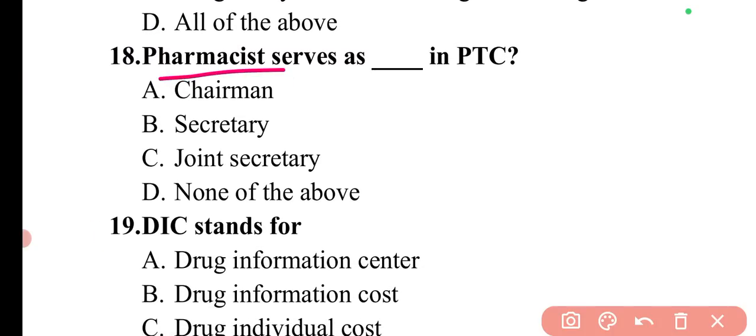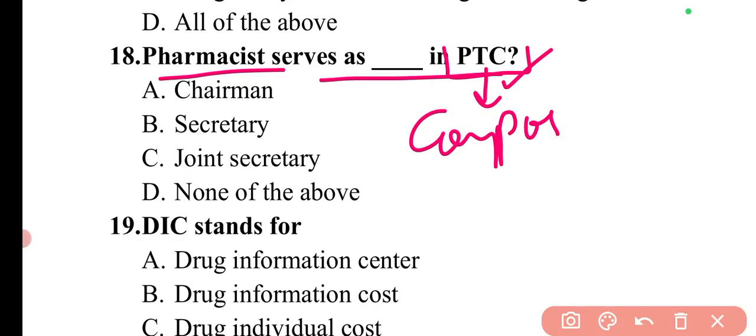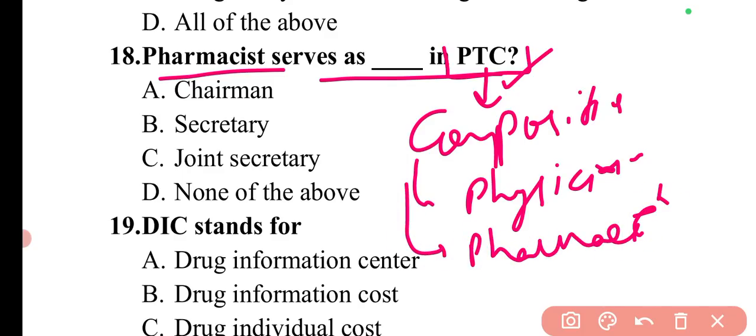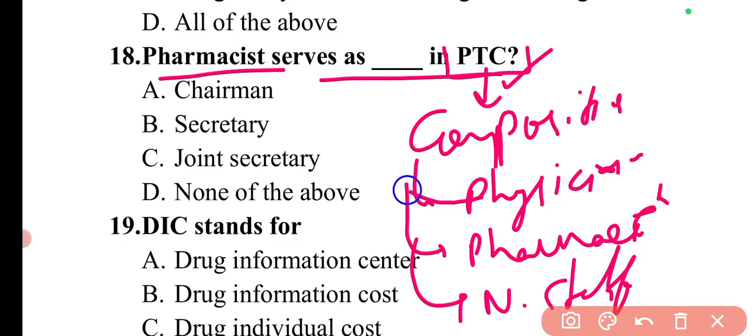The next question is, pharmacist serves as dash in PTC. If I talk about the composition of PTC, there can be a physician, a pharmacist, and nursing staff. The physician is the chairman in PTC.